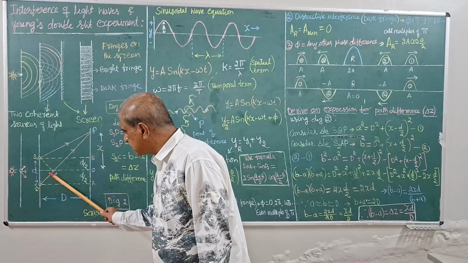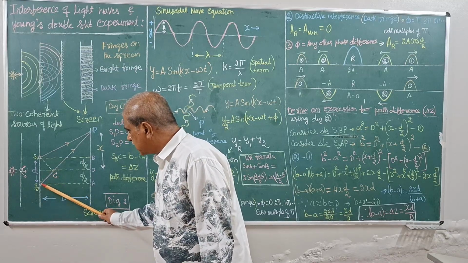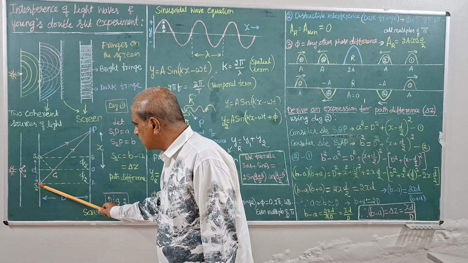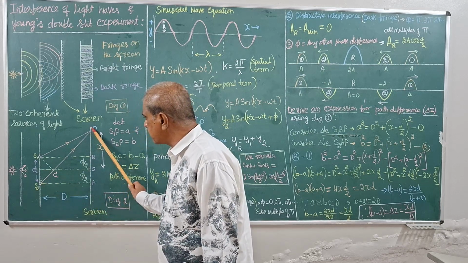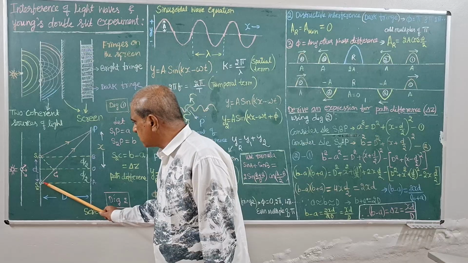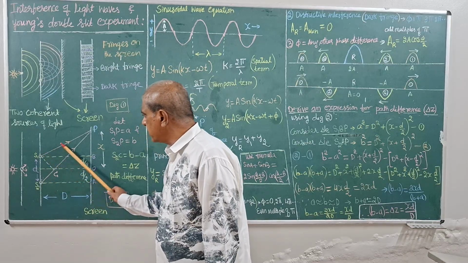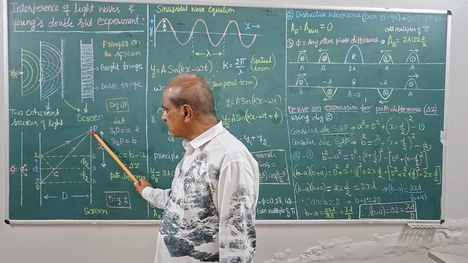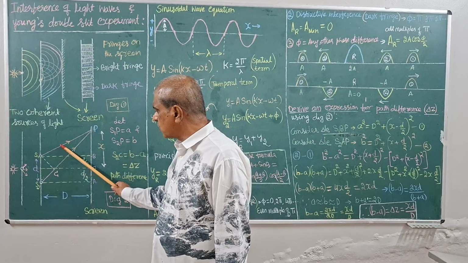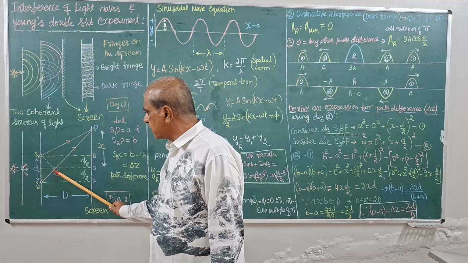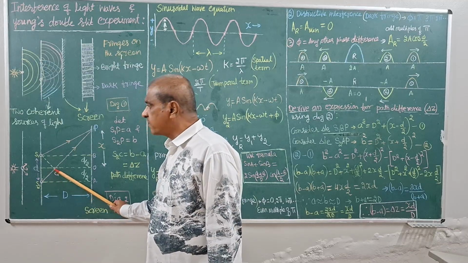Look at this length, the length of the ray. The light passes from this point to this point and from this point to this point. The paths of the rays are always different, one is higher, the other is lower. This is the line I am drawing, a straight line. This length is called the path difference.